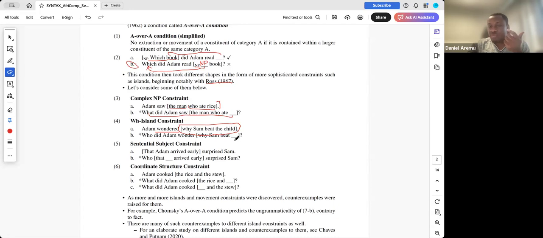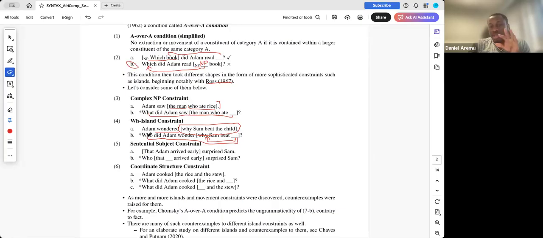So if you try to move the WH phrase from this position, it should first land in an intermediate position here, but that position is already occupied by the why. And so it would have to move a long distance. So it moves like this, and that is disallowed.